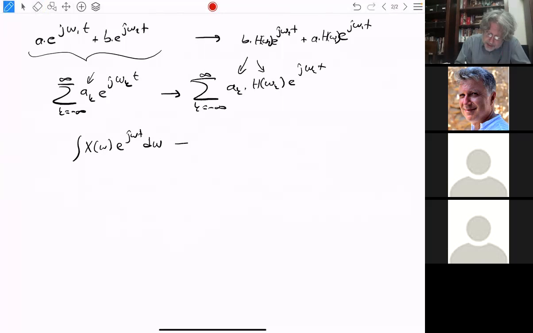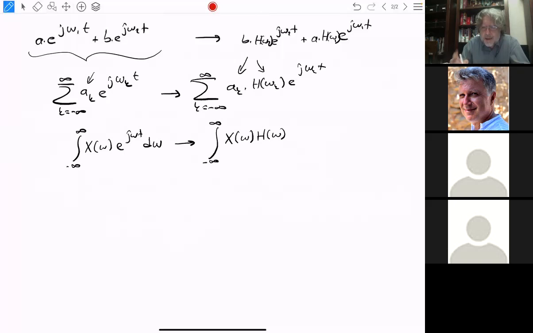And from here, the output is again X of omega, and omega goes from minus infinity to infinity. The frequency is sweeping, okay? And for every frequency that is sweeping on X of omega, for exactly the same omega, term by term, we are multiplying it with H of omega, right?